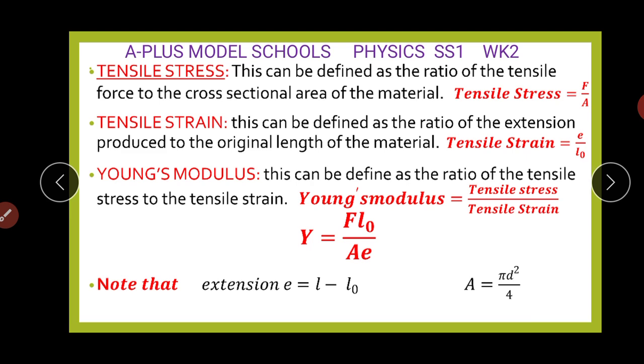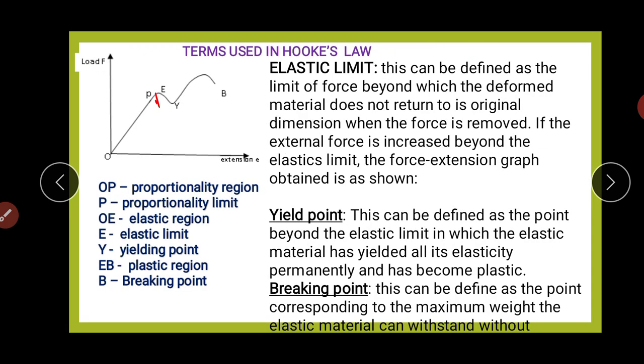Let me explain the plastic region first. When we say plastic region, beyond the elastic limit, the material becomes plastic in nature. Plastic, you know, when I try to expand plastic, even if it expands, it does not contract back when I remove the force.